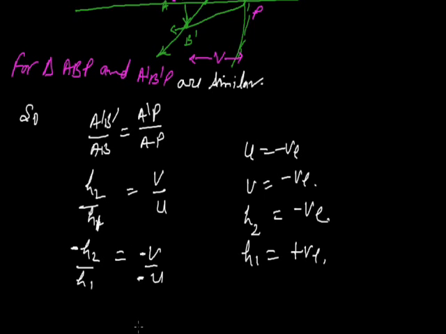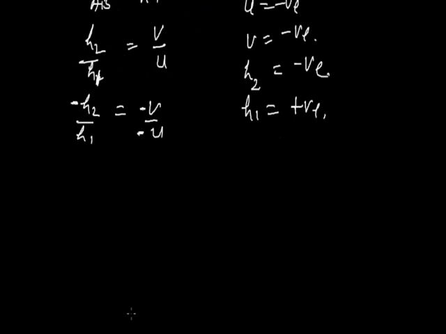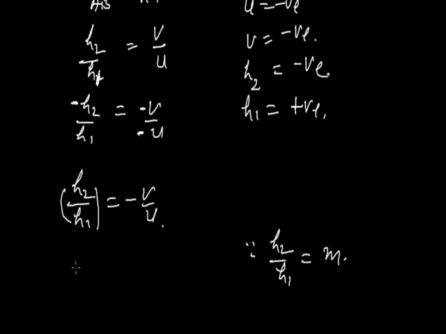So the value of H2 upon H1 is minus V upon U. Here H2 upon H1 is M, because H2 upon H1 is magnification M. So M will be minus V upon U.